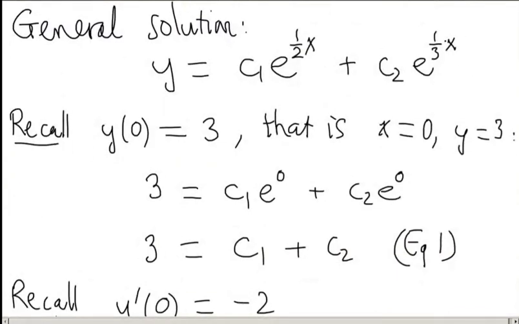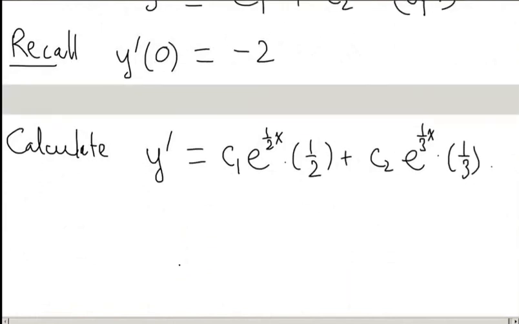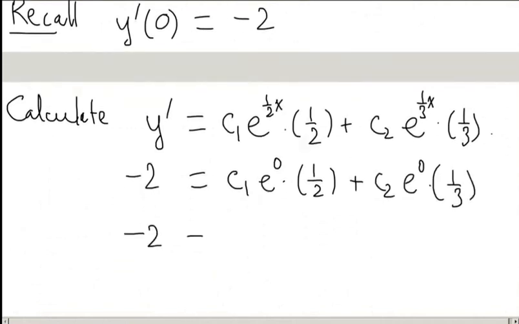We need to use the chain rule for the derivative there. Now we set y prime equal to -2 and x equals 0. We plug in 0. We have C1 e to the 0 a half plus C2 e to the 0 a third. So simplify, -2 equal to a half C1 plus a third C2.